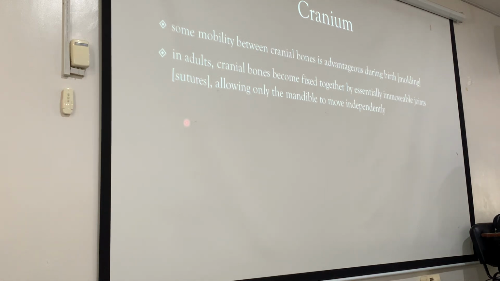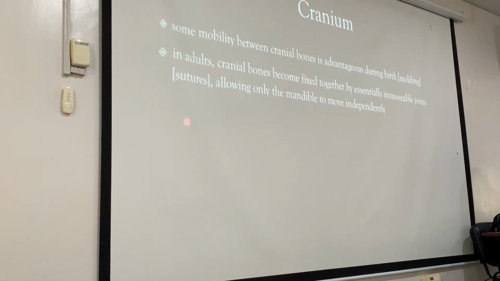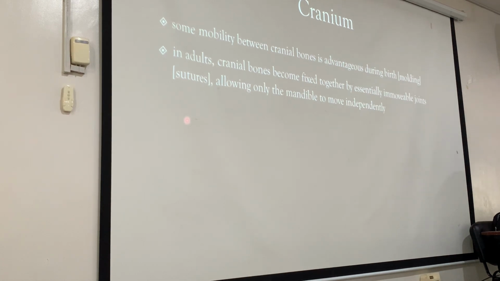But in adults, the cranial bones become fixed together by essentially immovable joints, and these joints are called sutures. In the adult, it is only the mandible that is able to move independently. Other cranial bones become fused together.